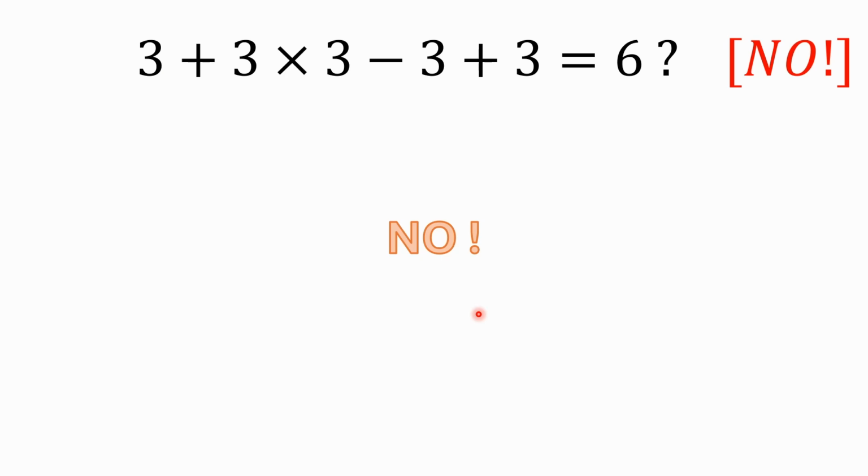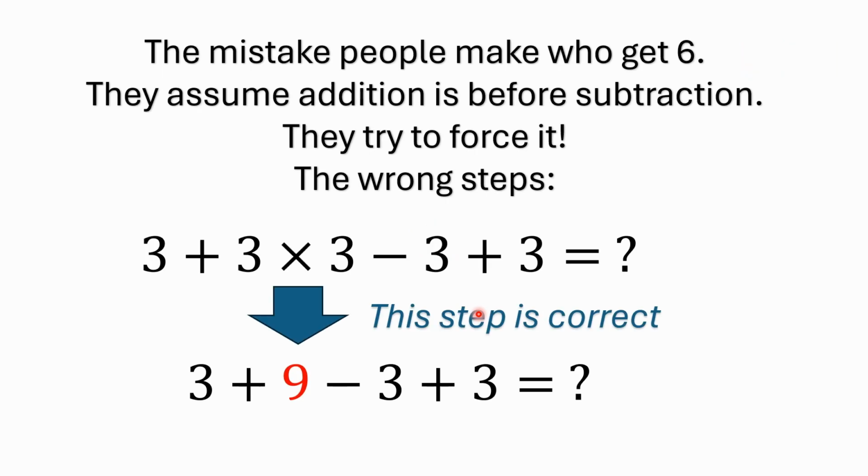People who are saying PEMDAS tells them 6, it's absolutely wrong. We're going to start off right away and say that's incorrect. The mistake that people are making who get 6 is they assume that addition is before subtraction. They think that PEMDAS is telling them the A is before the S, so they're trying to force addition before subtraction.